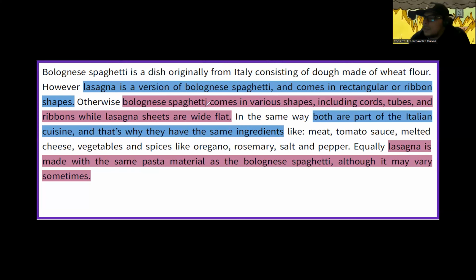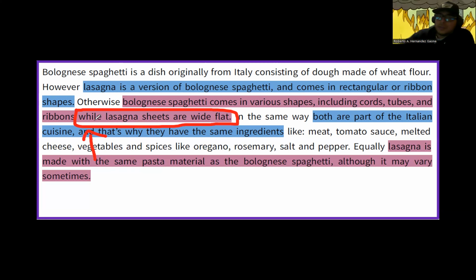So it says bolognese spaghetti comes in various shapes, including square tubes and ribbons, while lasagna sheets are wide and flat. Is this a complex sentence? If your answer is yes, then you are correct. You have a dependent clause. How do I know it's dependent, for the fifth time in this video? We have a subordinating conjunction.